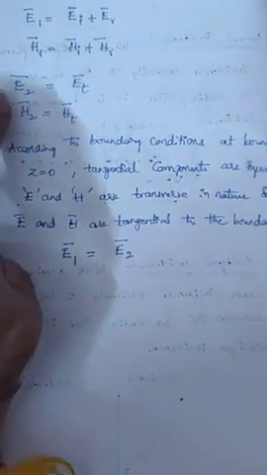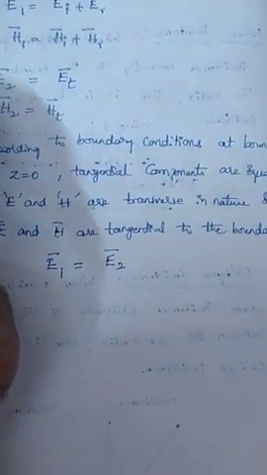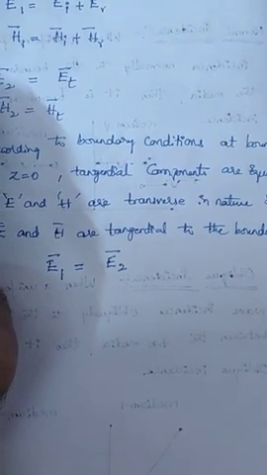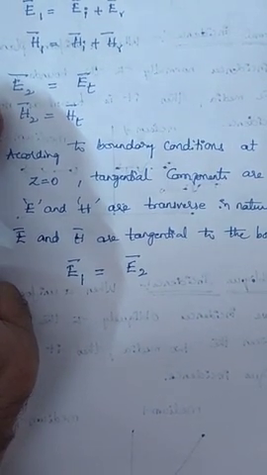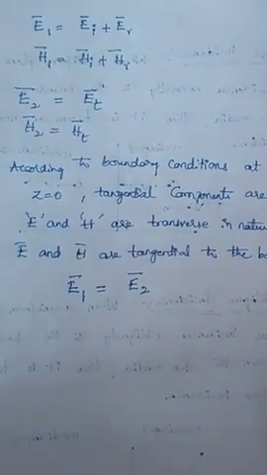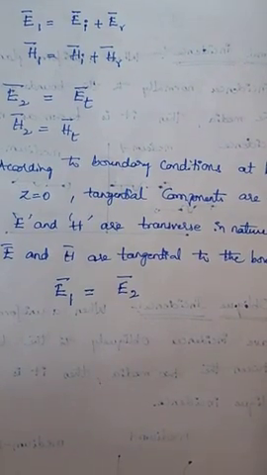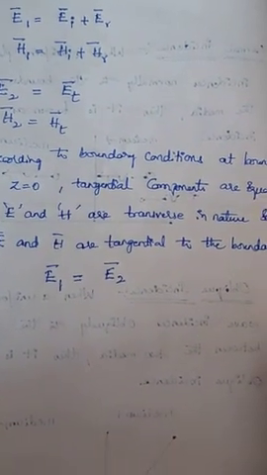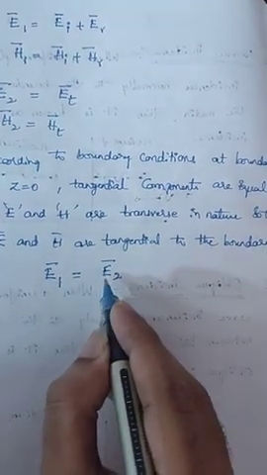At the boundary, the tangential components are the electric field intensity of the incident wave and the electric field intensity of the reflected wave. In the same manner, E tangential to the boundary, E1 is equal to E2.